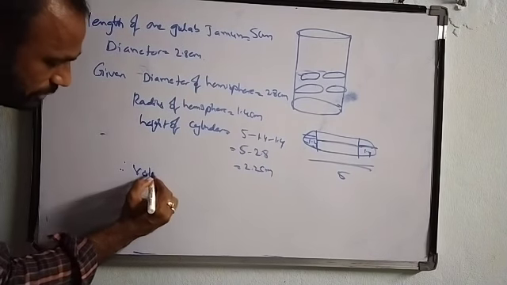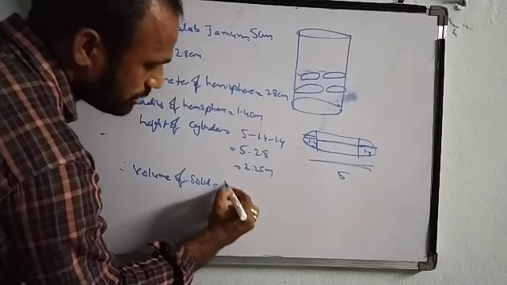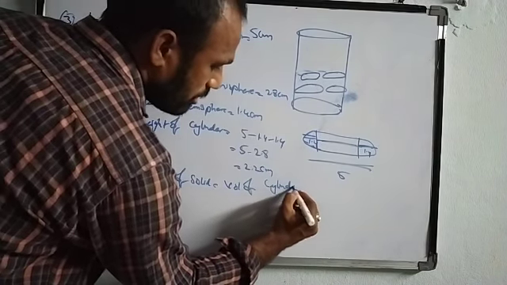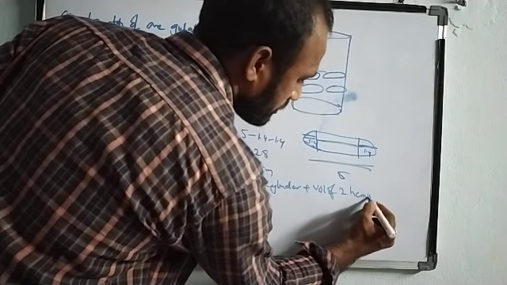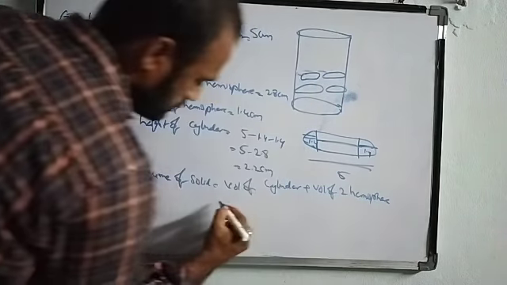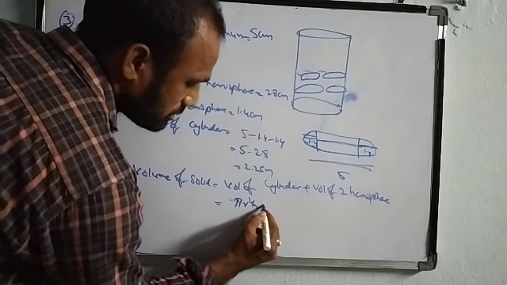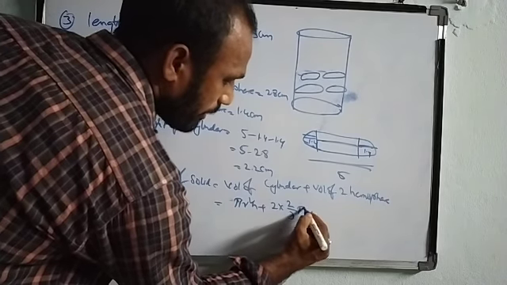Now the volume of solid is equal to volume of cylinder plus volume of two hemispheres. So volume of the cylinder, we have the formula pi r square h, plus 2 into 2 by 3 pi r cube.